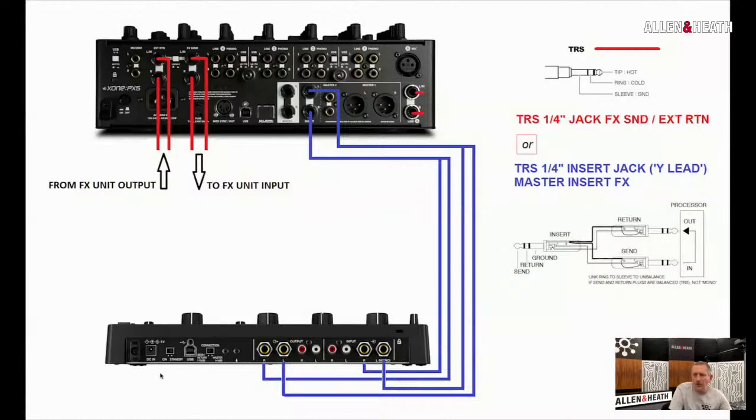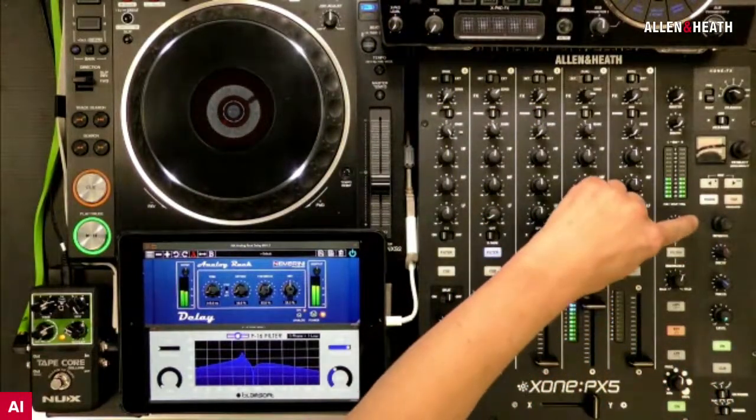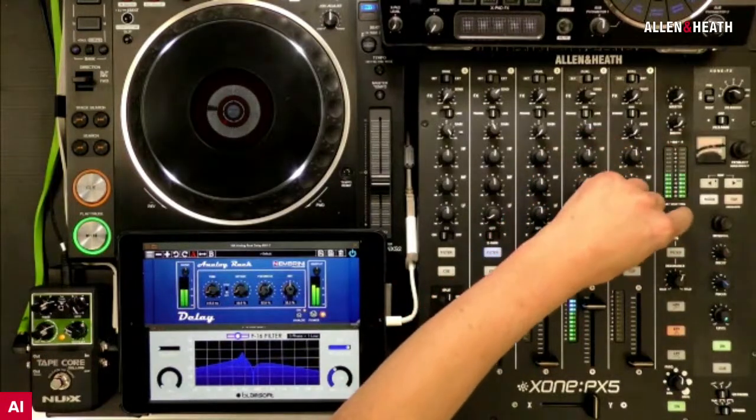And what you can see on the diagram here with the red lines shows the back of the PX5. The effects sends would be wired out to the input of an external effects unit. Your processing goes on in the effects unit, and then the output of the effects unit comes back on the PX5 either to the EXT return, which if I show you on the mixer is this one here, what we would call a short return.